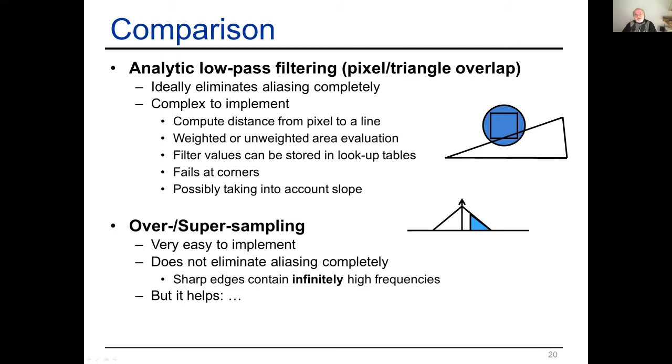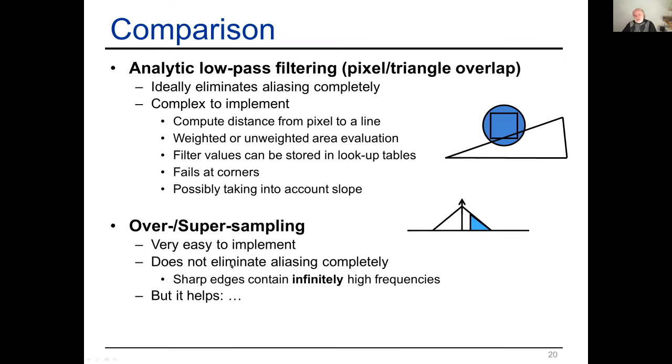This works for edges, but it fails at the corners, where two edges come close together. It gets so complicated that it's not practical. So this was tried and was abandoned because it was just too costly.